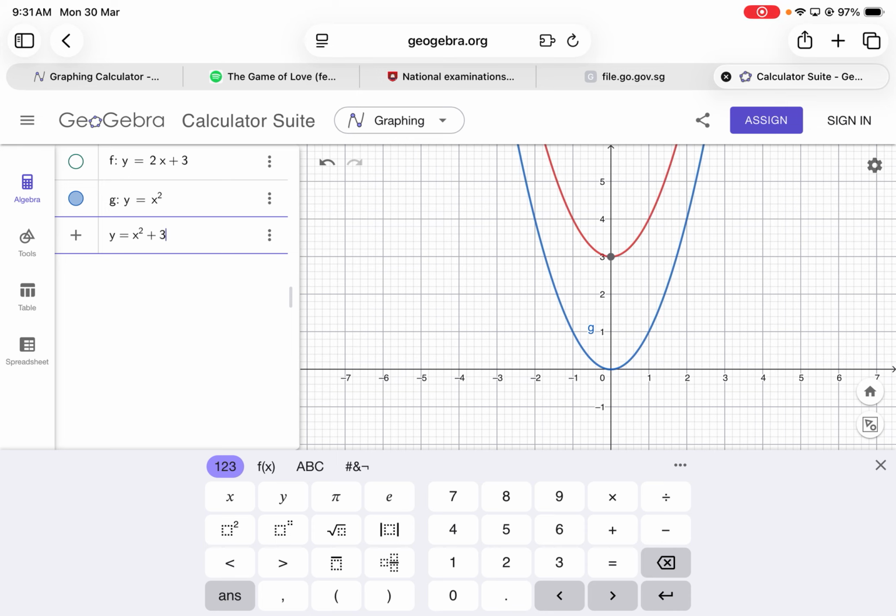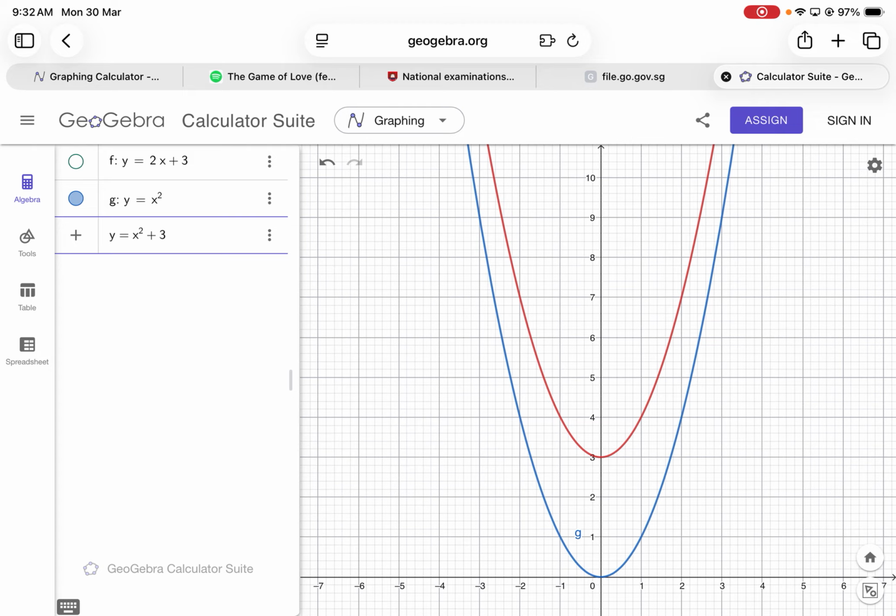This time it is this red color one. Plus 3, that's why it goes higher. All my output is x squared plus another 3. So my y becomes higher. The output is higher, so it is like it is being vertically moved upwards. Okay?